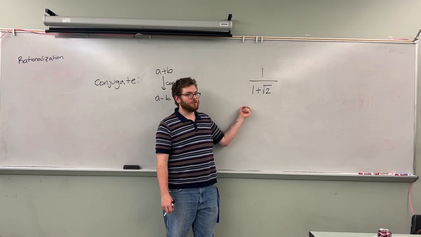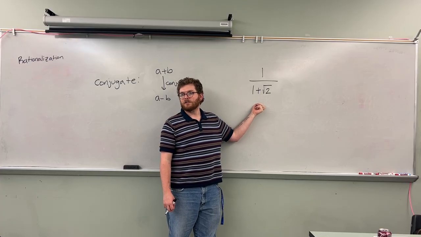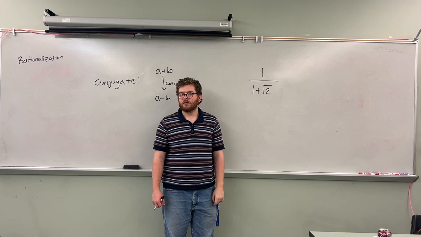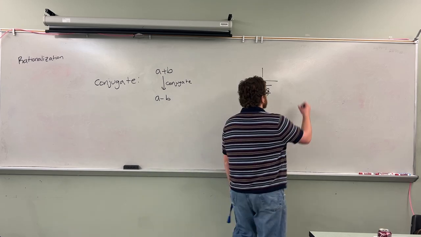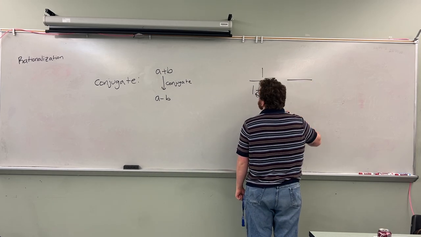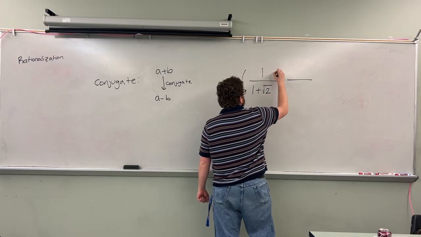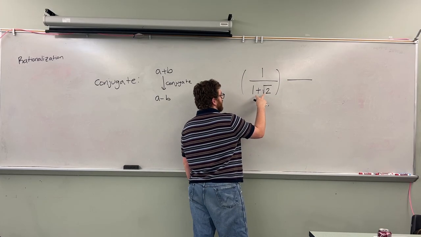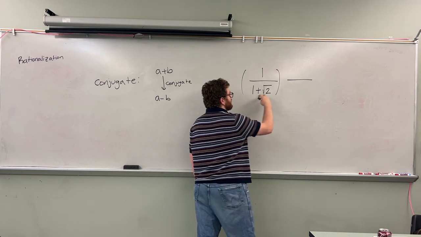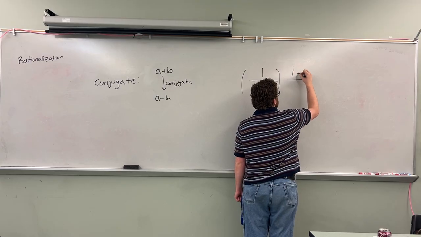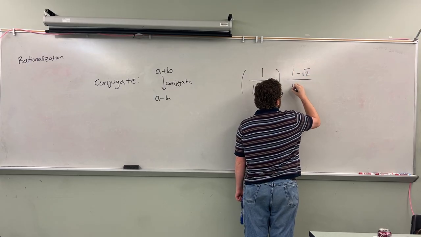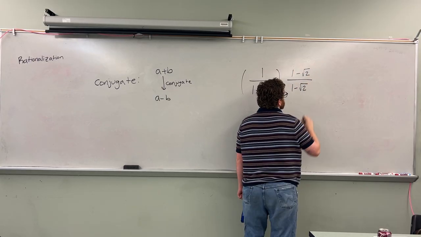I'll still have a 2 square root of 2 on the bottom, which is irrational. So I'm instead going to multiply by 1, again in another creative way. But I'm instead going to multiply by the conjugate over the conjugate. So I'm going to multiply by 1 minus root 2 over 1 minus root 2.